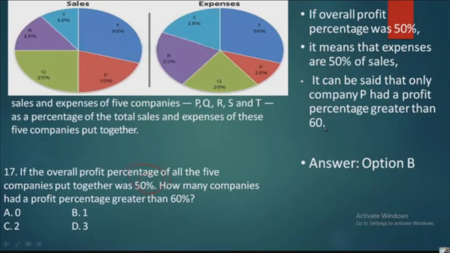Yes, guys, can you tell me? I have given you the formula. Go with the logic way. You have to answer, guys.